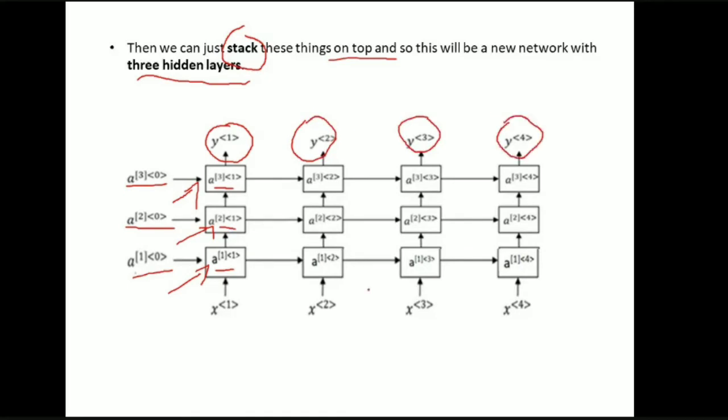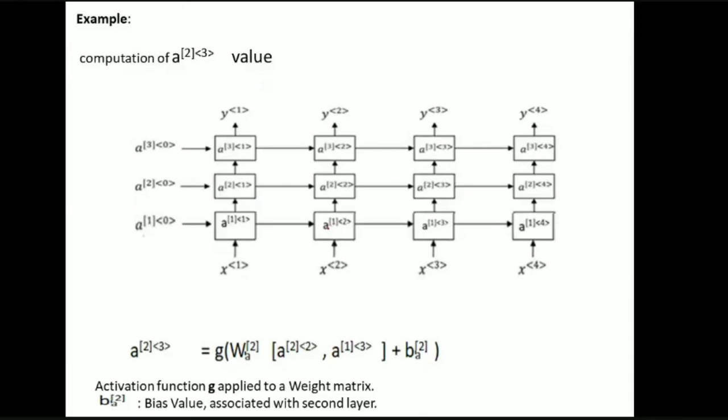Now, let us suppose we wanted to compute the value of A23. Where is A23? Here is our A23. What is A23? Activation of the second layer at time 3. From where is it getting the inputs? From here it is getting an input, and from here it is getting an input.